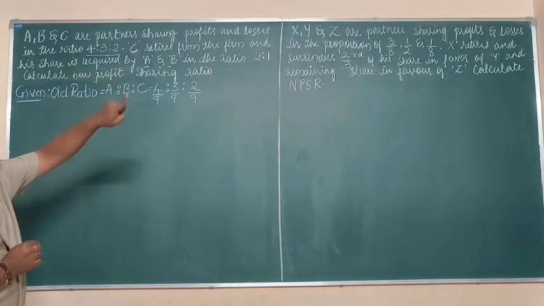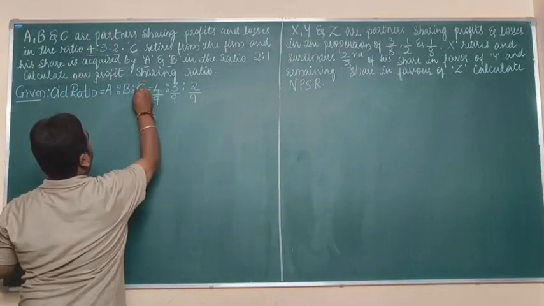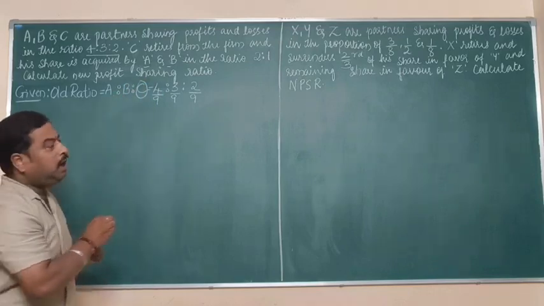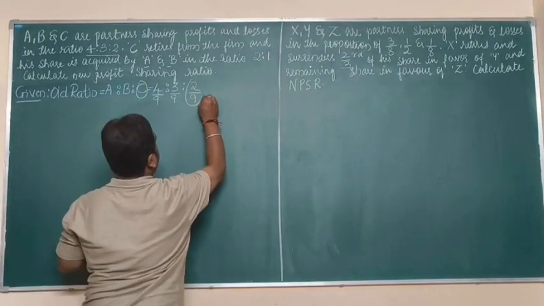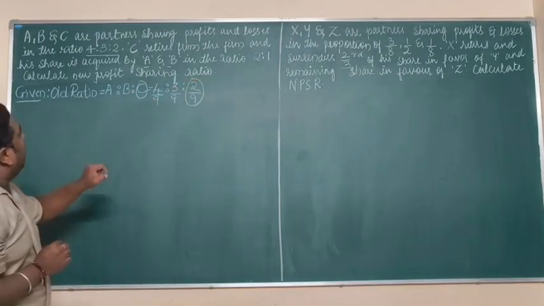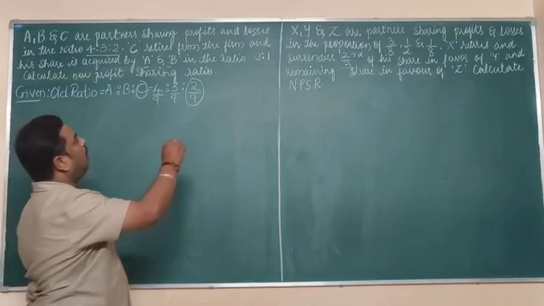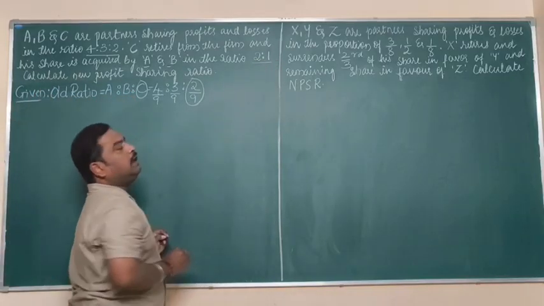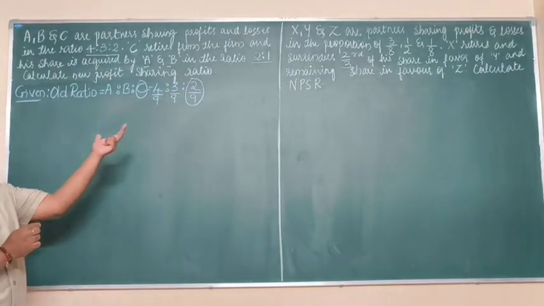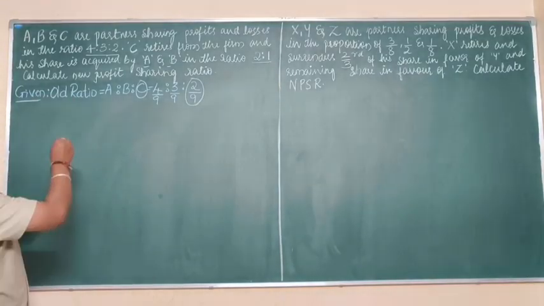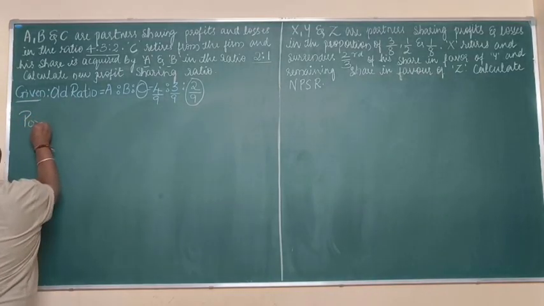Okay. C retires. So who is the retiring partner here? C. What is his share? 2/9. And his share is acquired by A and B in the ratio of 2:1. So what is this 2:1? The portion gained by the continuing partners. So how do you write it?